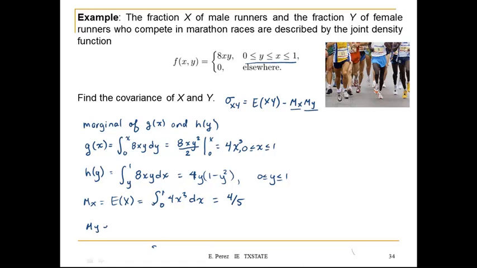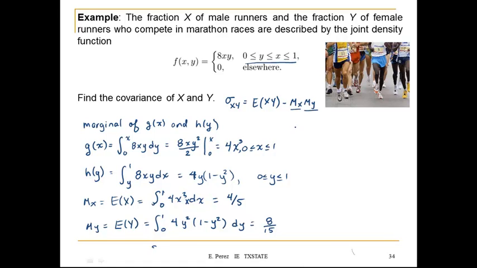For mu y, this is the expectation of y, the integral from 0 to 1 of 4y times 1 minus y squared dy. I'm sorry, I forgot to multiply by y, so we have an extra y here. This will be equal to 8 over 15.